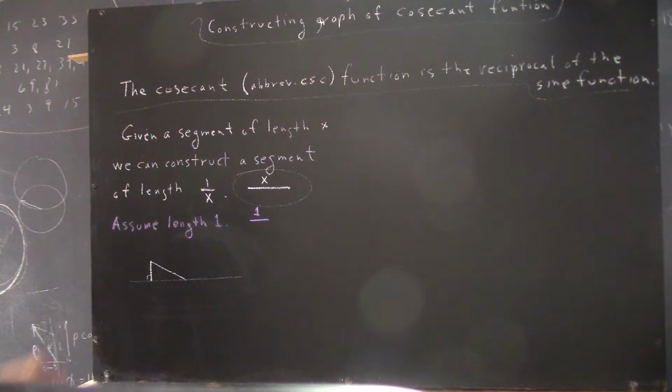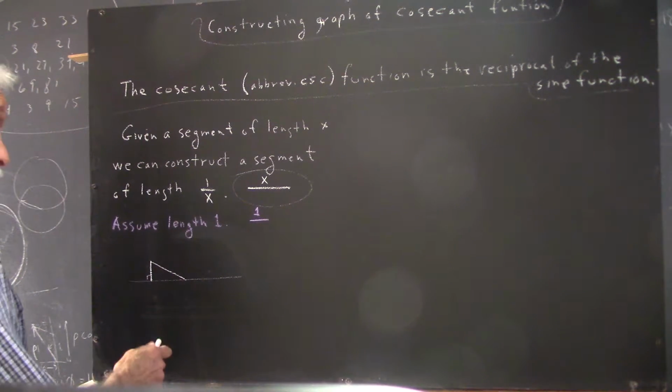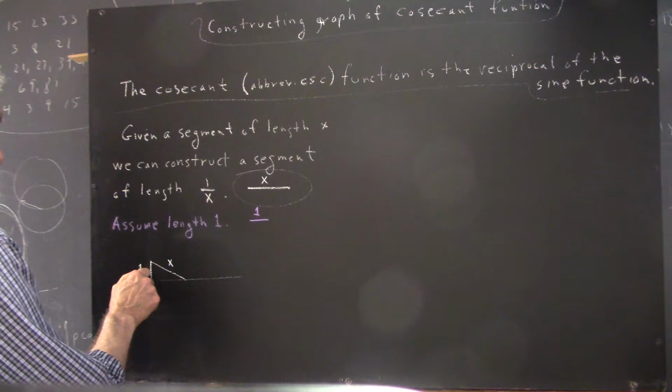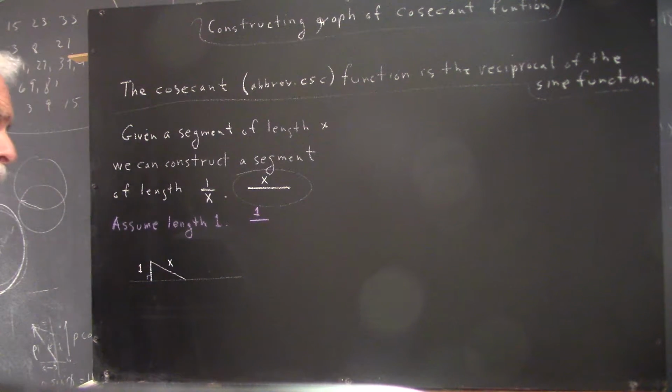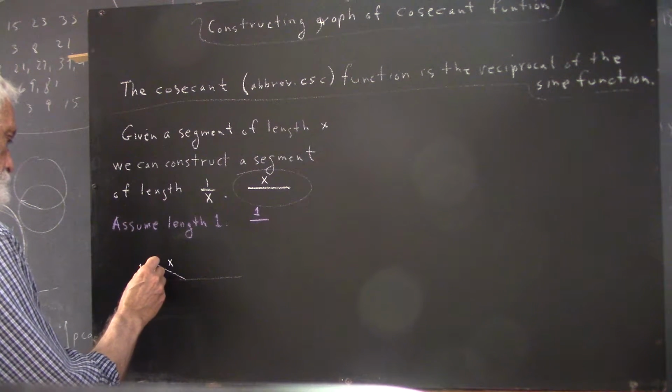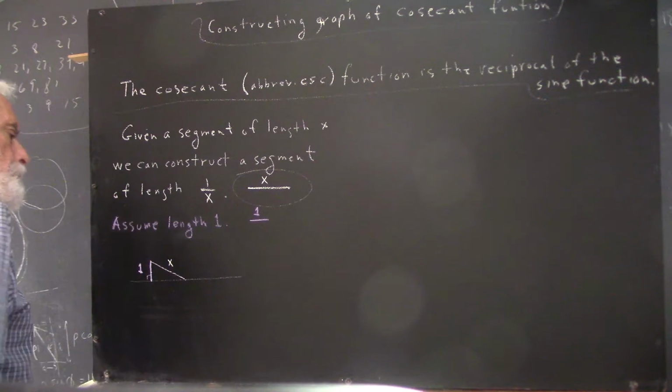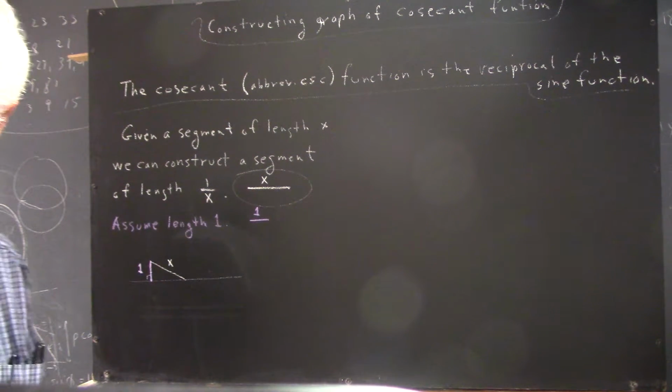But anyhow, right here we have a representation of a triangle that has length x here and length 1 here. And I probably could enhance things a little bit by making that segment purple.